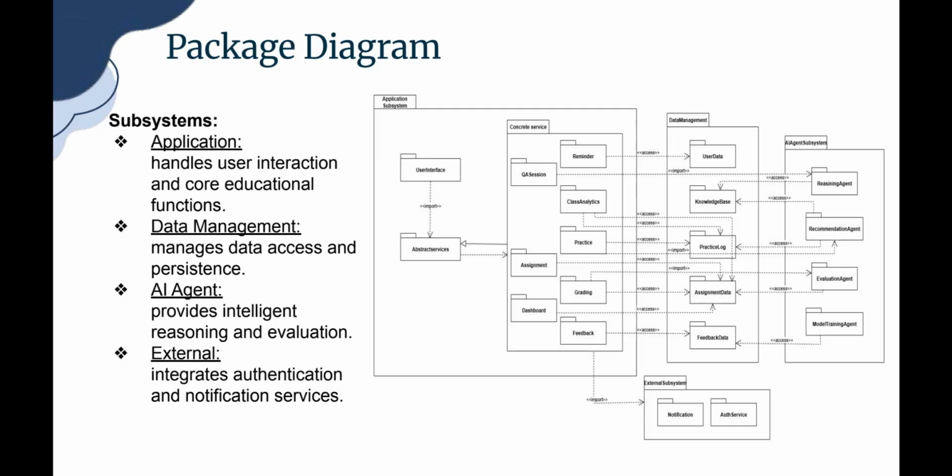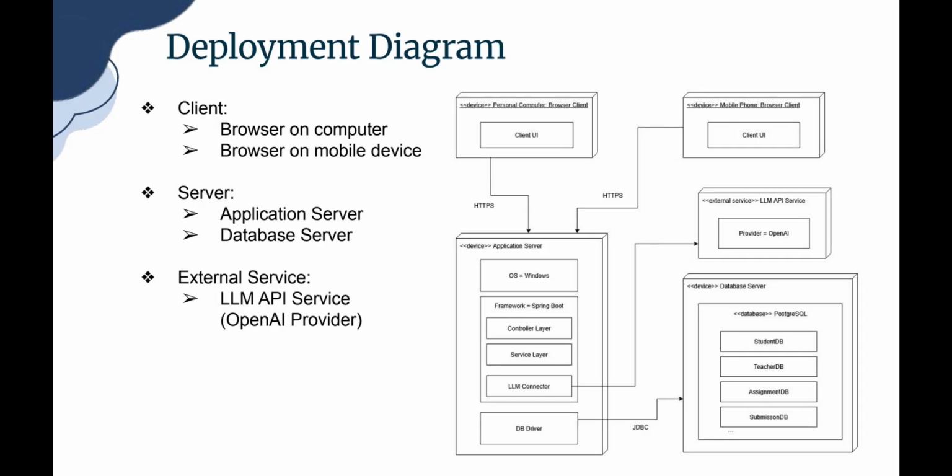The data management subsystem manages persistent data for users, assignments, and feedback through structured data access. The AI agent subsystem provides services to support functions such as grading and adaptive learning. Finally, the external service subsystem integrates third-party components, including authentication and notification modules.